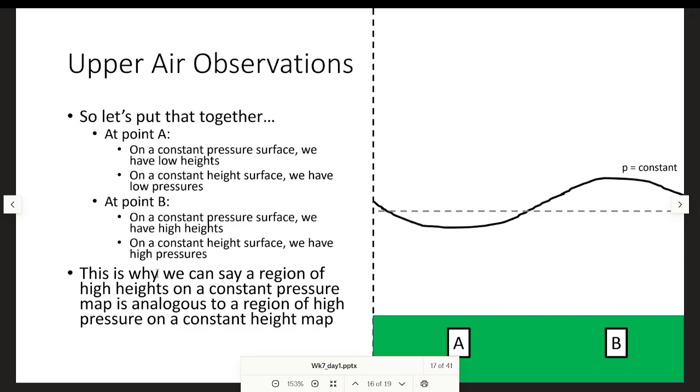This is why a region of high heights on a constant pressure map is analogous to a region of high pressure on a constant height map. So high pressure is equal to higher heights. Low pressure is equal to lower heights.